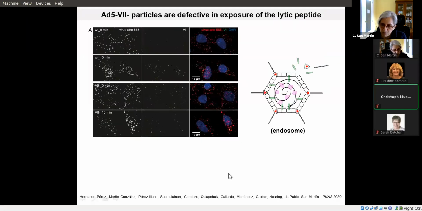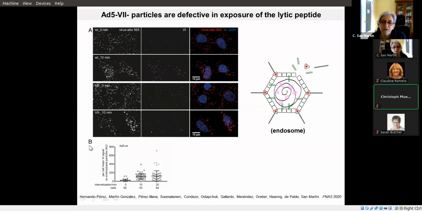Now, to figure out what was happening here, we started a collaboration with Patrick Hearing and Urs Greber, and we looked in more depth at the behavior of the 7- particles. The first thing we did, or actually Marit Suomalainen did in Urs Greber's group, was to see if the lytic peptide is released in the cells. And the way to look at this is to label protein 6 with antibodies and the capsid with a fluorophore.